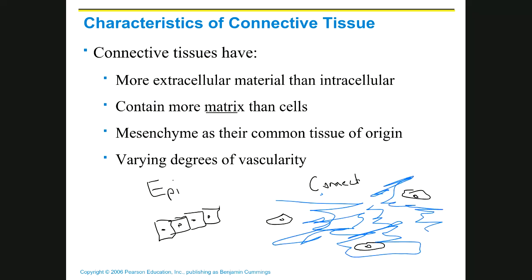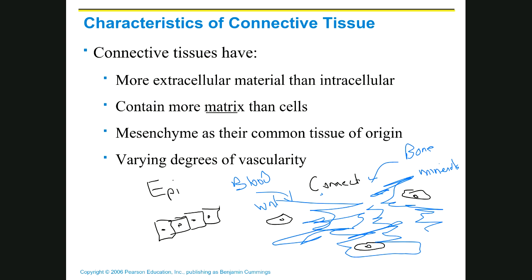So if I look at bone, that was our example, bone is hard. And so this stuff is minerals. It's calcium and phosphorus and carbonate and things like that. But if you look at it for blood, this stuff in the middle is actually water.